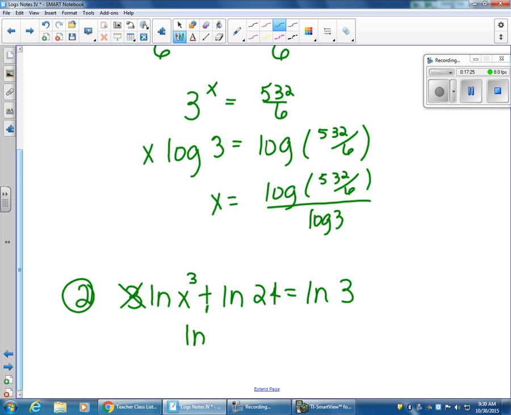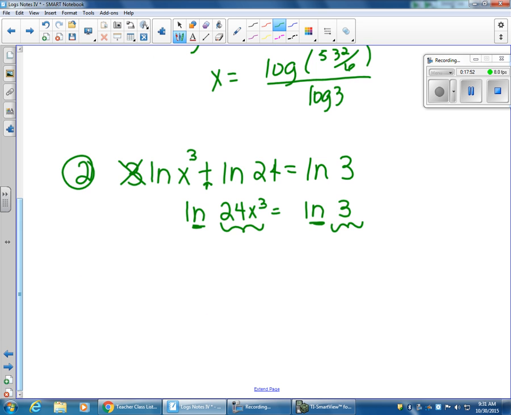Addition is multiplication, so you have x cubed times 2, so 2x cubed, or 24, sorry, it's 24. Notice in this one, compared to the one that we did in the notes, that we have ln on both sides. So if we have ln on both sides, we don't need to rewrite or anything like that. We can just say then that 24x cubed has to be equal to 3. And solve from there.